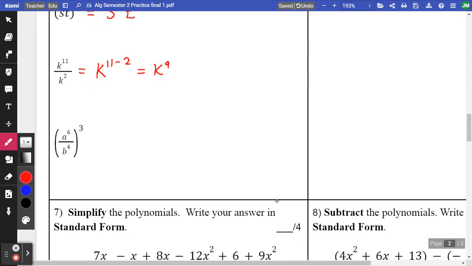And if we are dividing and we have exponents inside, that means that we end up distributing the exponent to all the exponents here, and we end up multiplying in this case. So we have a to the 6 times 3 divided by b to the 4 times 3, which simplifies to a to the 18th over b to the 12th.